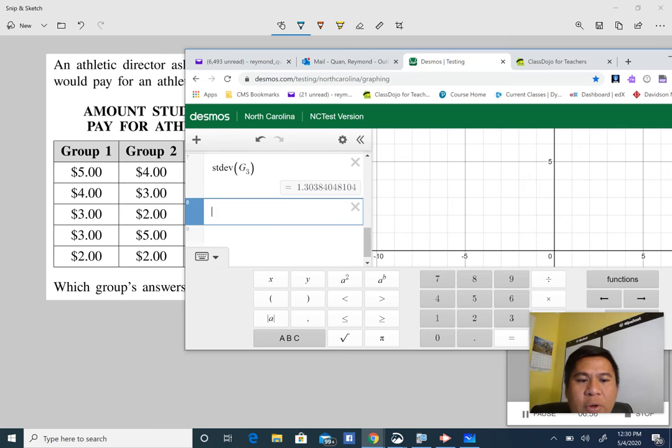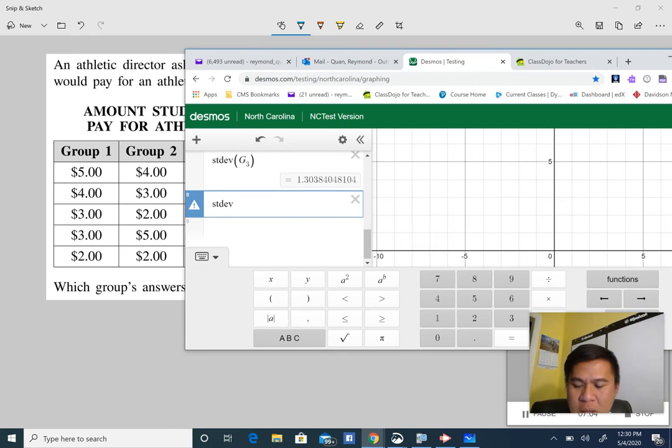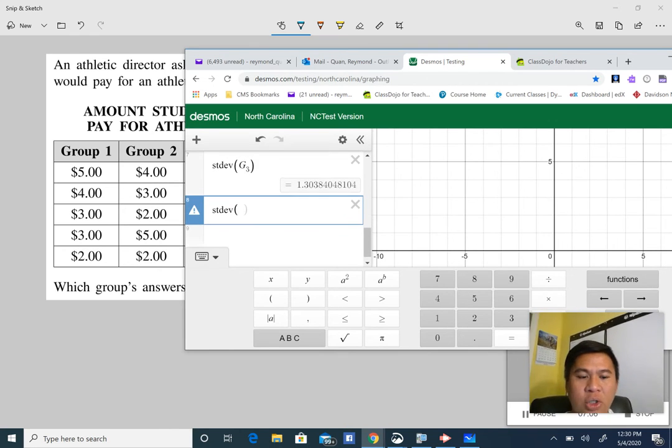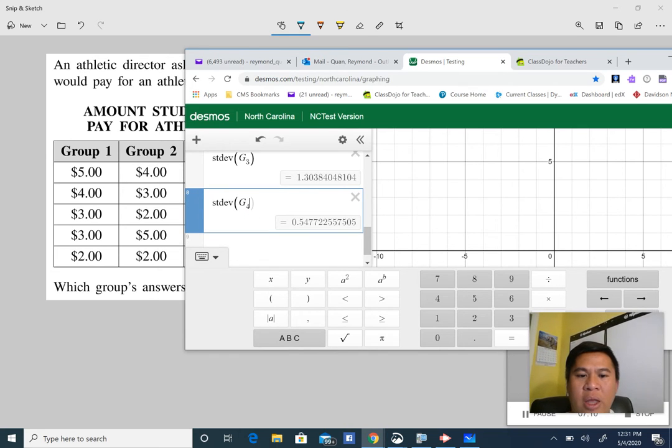And for the last one, I can simply type it as stdev of G4 in this case. And I got 0.5477.